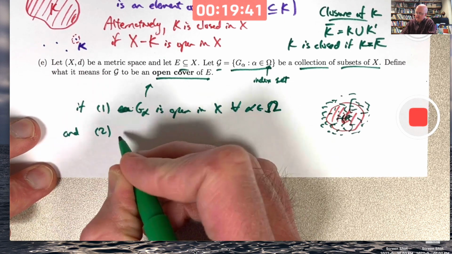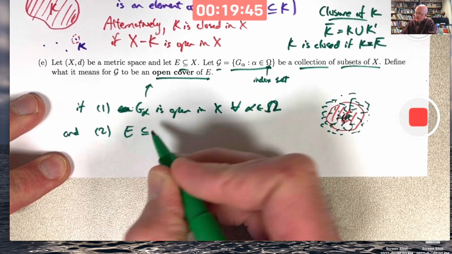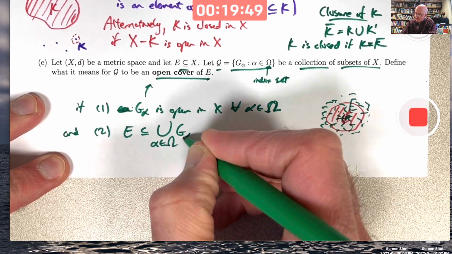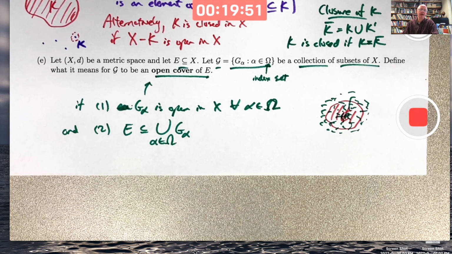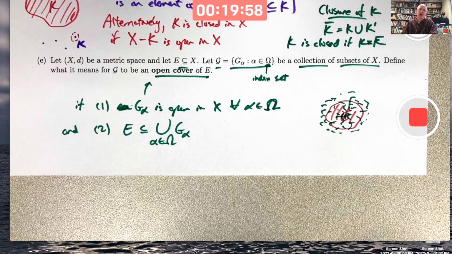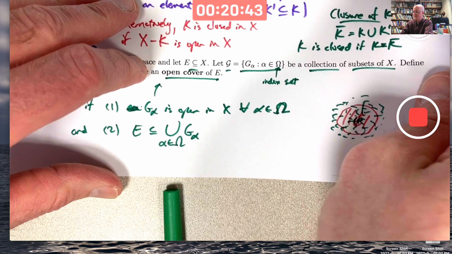And E is contained in the union of these G alphas. Okay, so those two conditions mean this cursive G, this collection of these G alpha sets, forms an open cover of E. On to page 2.